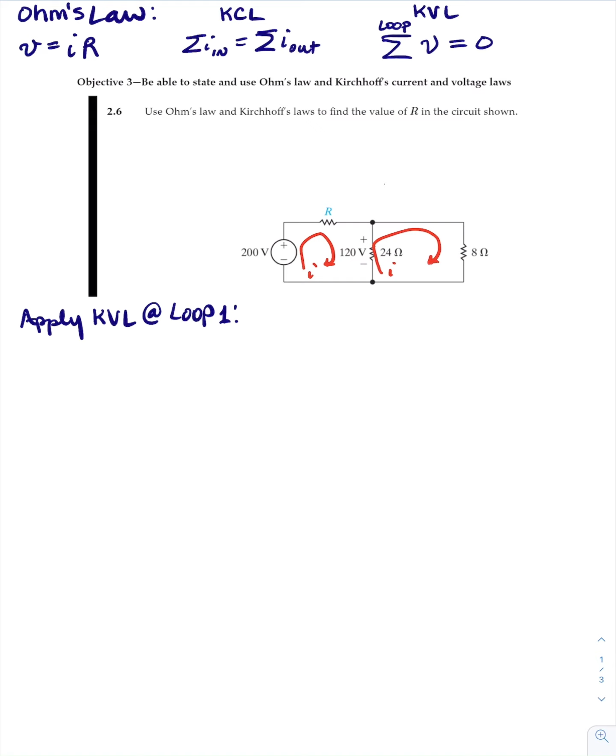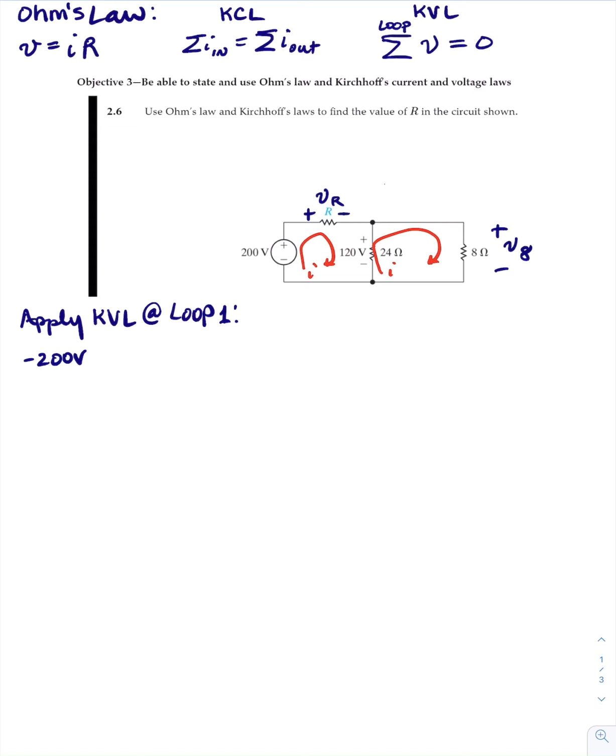And our current is going into the voltage source at the negative terminal, so that's minus 200 volts. Let's set the polarity for our other elements. So this is V sub R. This resistor has polarity, we'll call this V sub 8. And so we're going around our loop here clockwise.